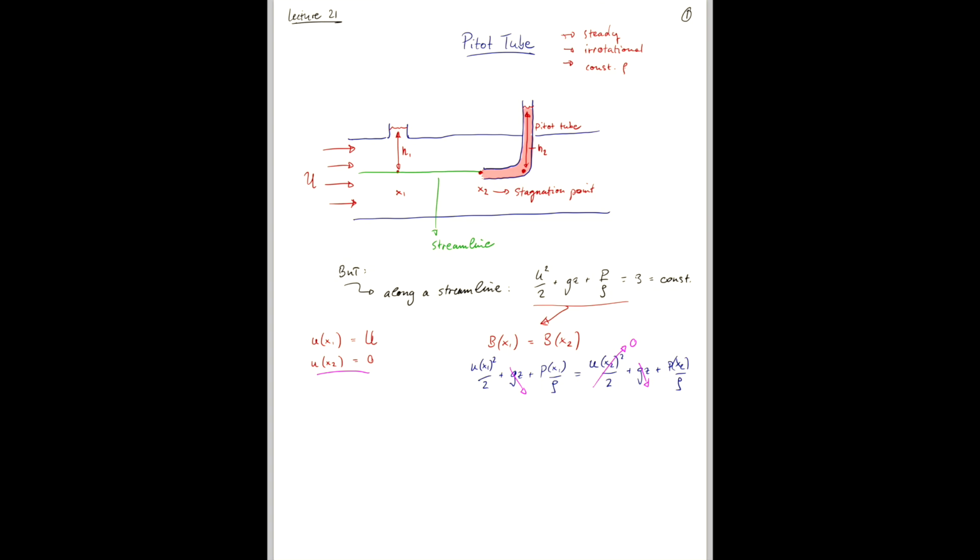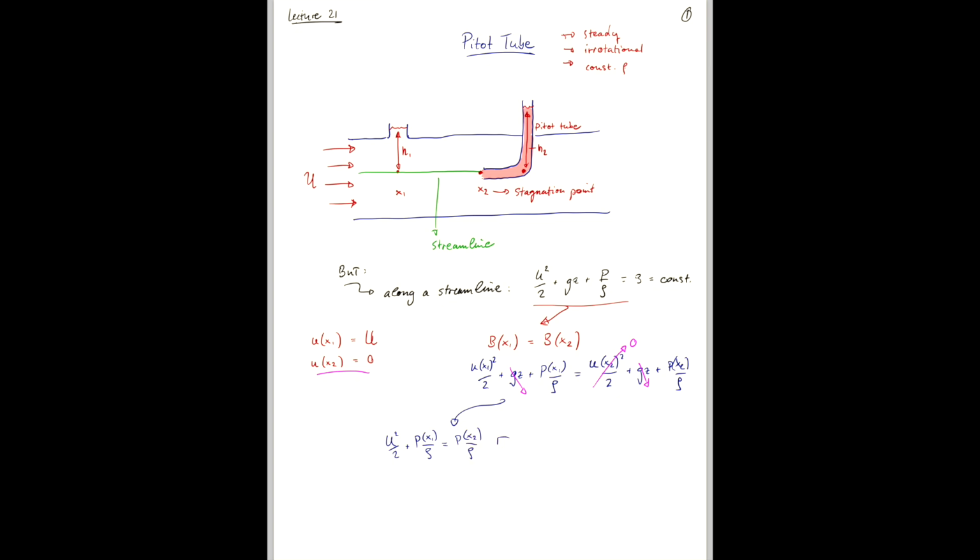Now, once we've cancelled the terms down here, we can rewrite this as u squared over 2 plus p of x1 over rho is just p of x2 over rho.